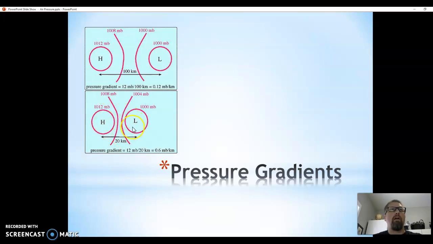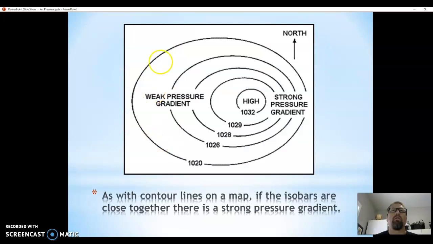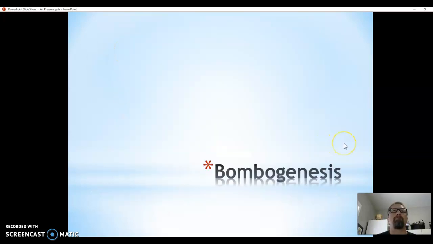So we look for areas where these pressure gradients are close together, these lines are close together, to see extreme weather happening there. The air is probably moving faster there. All right. So we see that in this picture, just like a topographic map. That's the area of strong pressure gradient. There's probably more significant weather going on there than this region of a weaker pressure gradient.